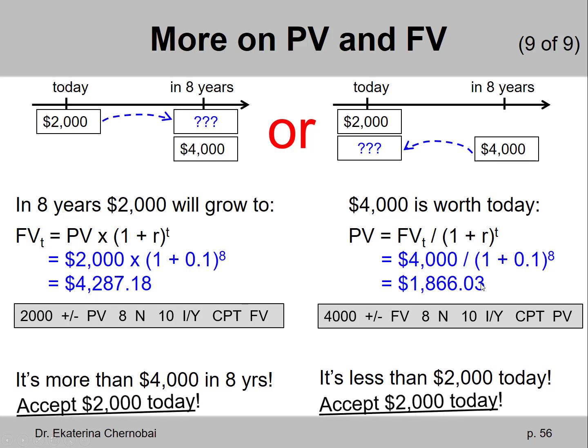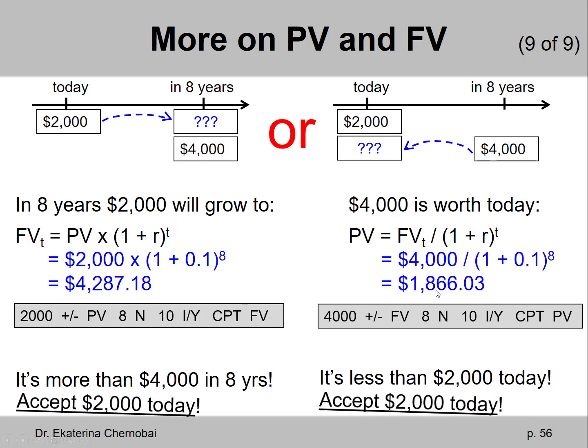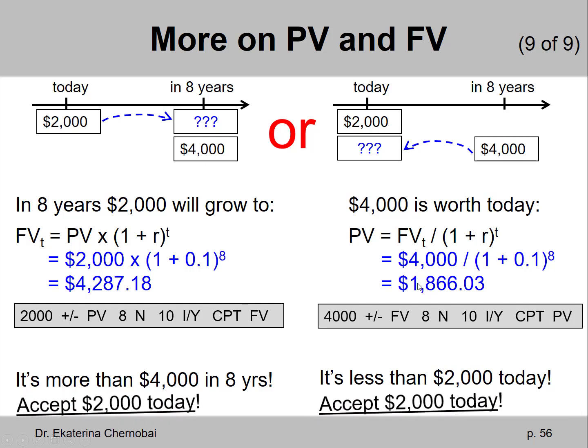Same exact conclusion, because an equivalent of receiving $4,000 in 8 years is receiving $1,866.03 today. That's less than instead receiving $2,000 today. And so between the two options, you should prefer option number one, receiving $2,000 today.